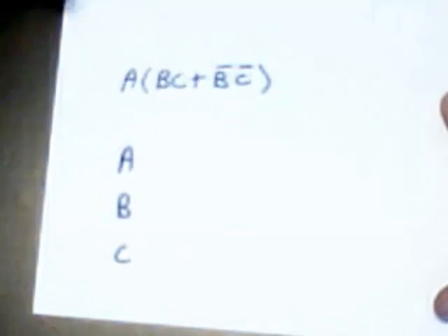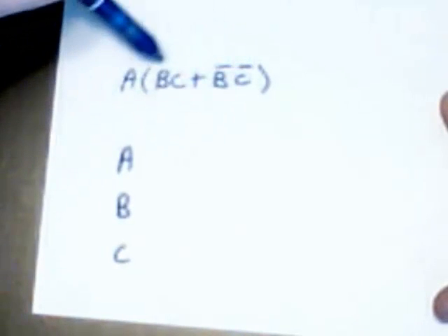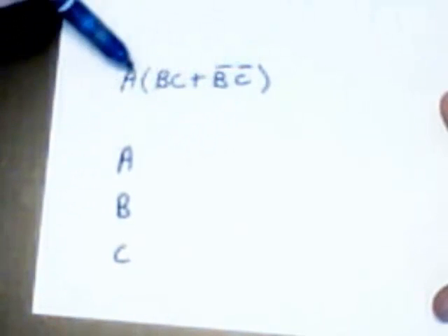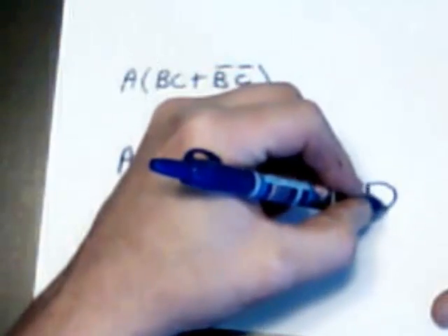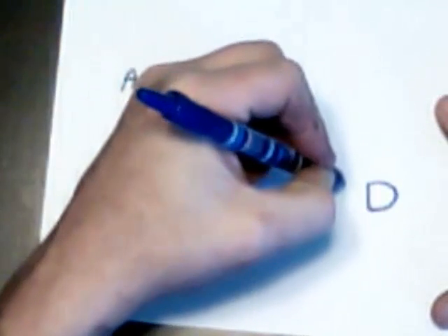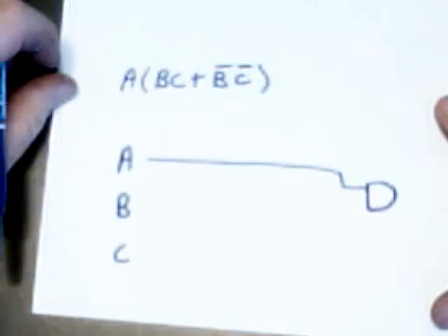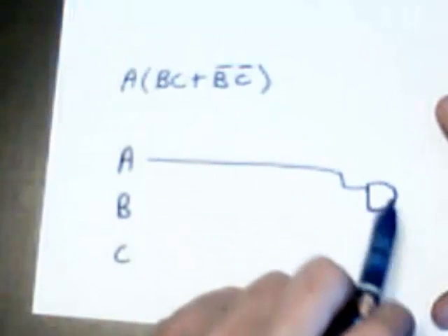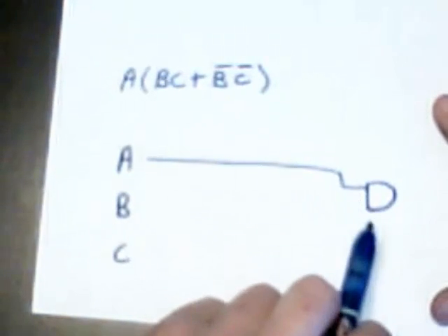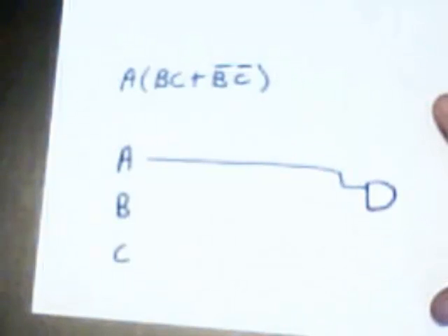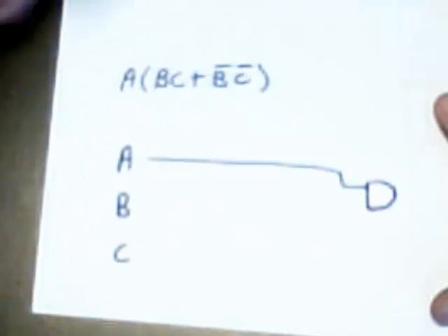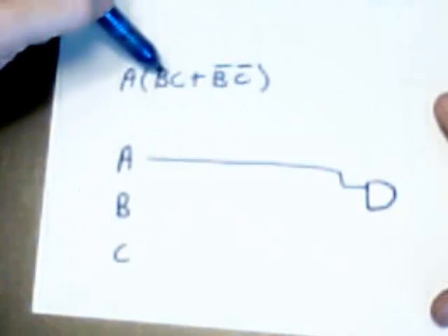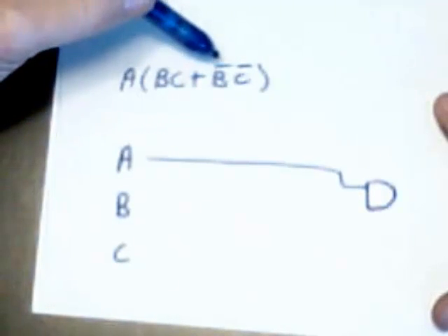So if I was doing order of operations, I would do all of this first, and then finish with multiplying by A. So I am going to finish with multiplying by A. In other words, what I have right here is A times, now we need to do this math. This is B times C plus not B times not C.